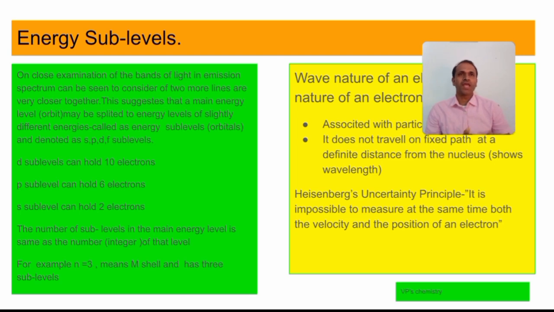Each p orbital can accommodate 2 electrons, so 6 electrons in total. For d, there are 5 d orbitals, and each can accommodate 2 electrons, so 5 by 2, 10 electrons. That's why we say the s sublevel can hold 2 electrons, the p sublevel 6 electrons, and the d sublevel 10 electrons.